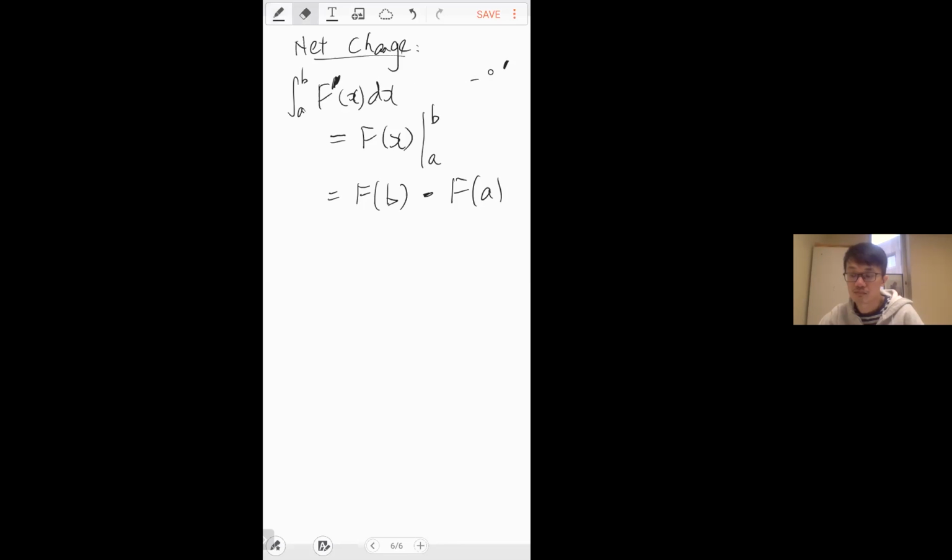So that is equal though, like the lowercase f of x is equal to capital F prime of x.